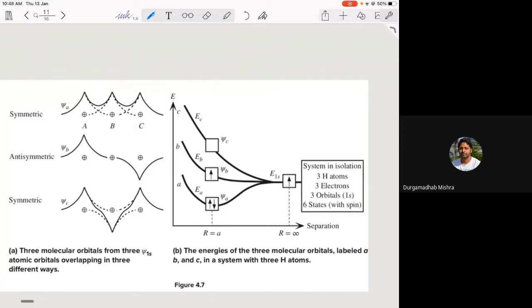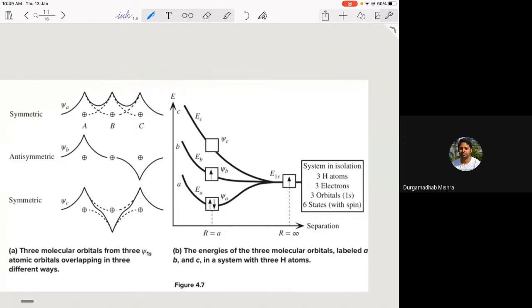In quantum mechanics, when you want to find out the energy state of an electron, you solve the Schrodinger equation. You can solve it for the hydrogen atom, then the hydrogen molecule, and so on, and then you can find out the energy eigenstates. And here what we are doing is looking at a qualitative explanation or understanding of that.